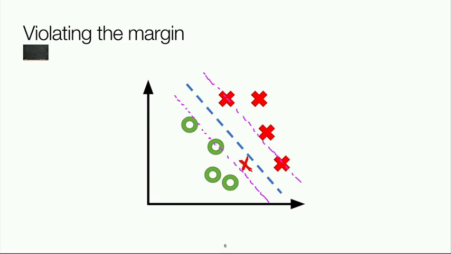Here, it's going to be satisfied only up to 1 minus xi_i, for the xi_i corresponding to that data point. Specifically, it's this amount right here. The length of that vector tells me what that xi_i needs to be in order for the soft version of the constraint to still be satisfied. So it's not greater than or equal to 1, but it is greater than or equal to 1 minus xi_i for that specific data point.